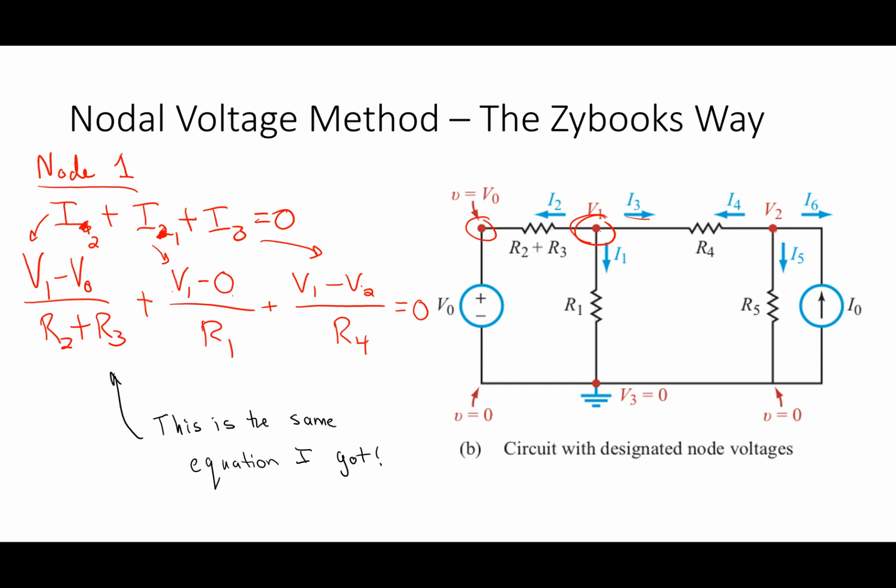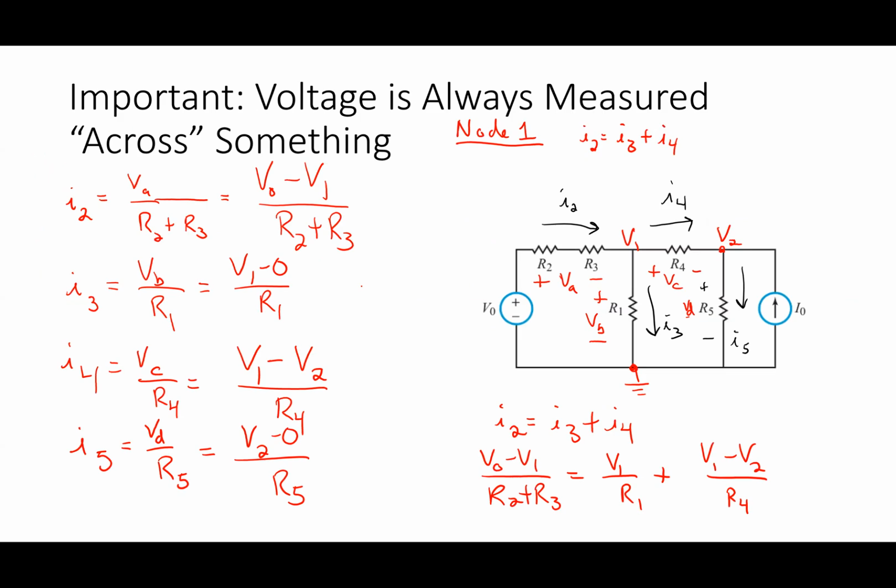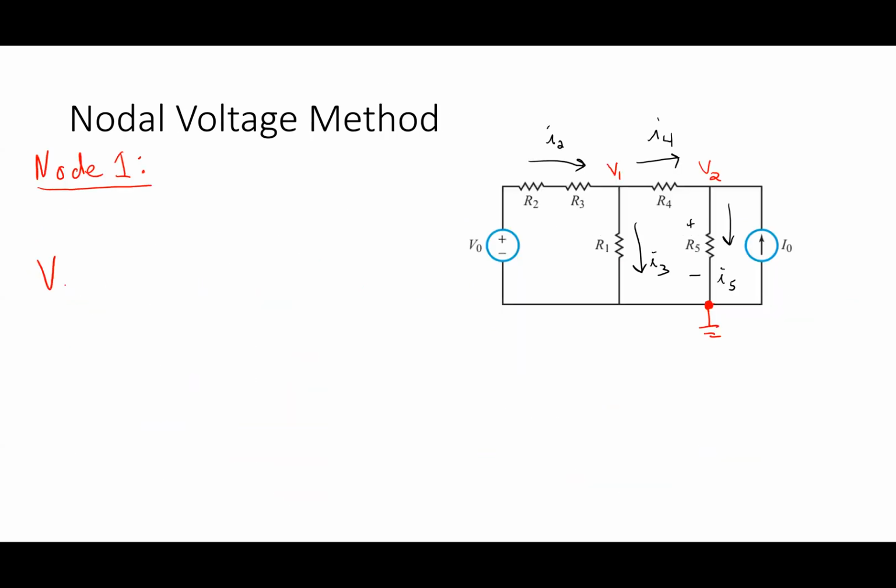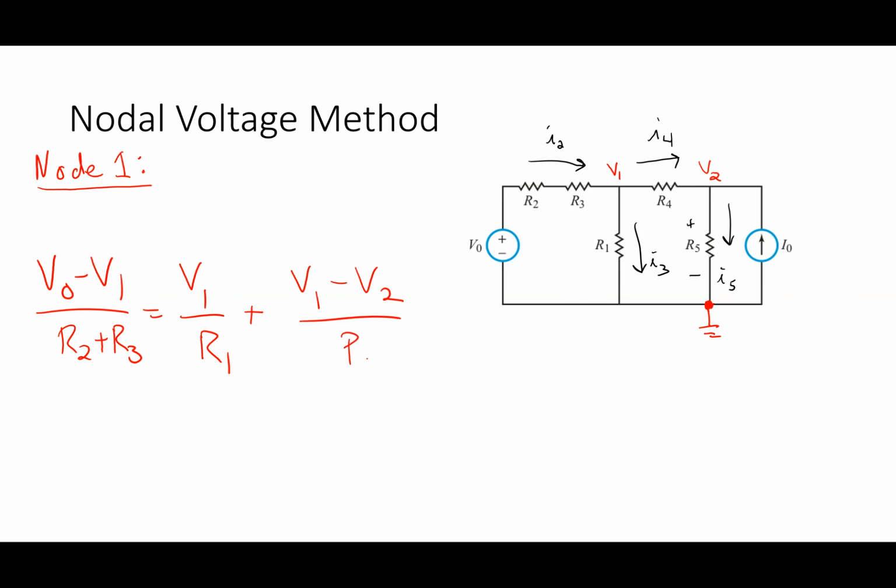All right, if you look at what I got, so let's put it here. I got V0 minus V1 over R2 plus R3 equals V1 over R1 plus V1 minus V2 over R4.